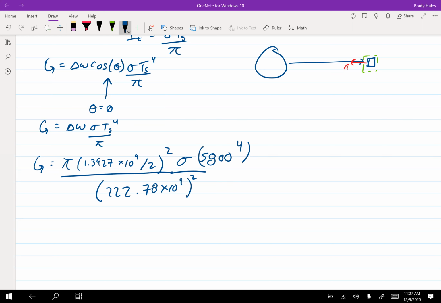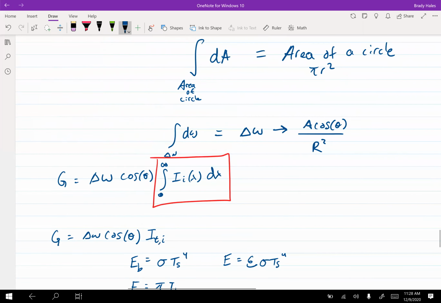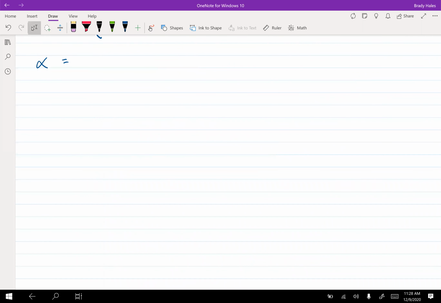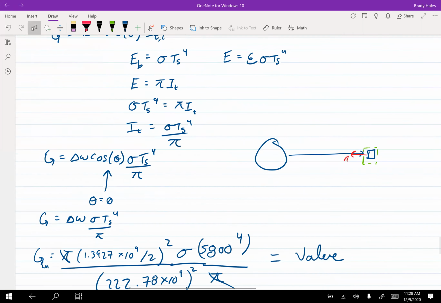Okay, so now we have two values left: alpha and emissivity, right? So for alpha, first off, you have to realize whether the surface is gray or not. So let's go back to the problem definition. In this problem definition, they give us rho, right?